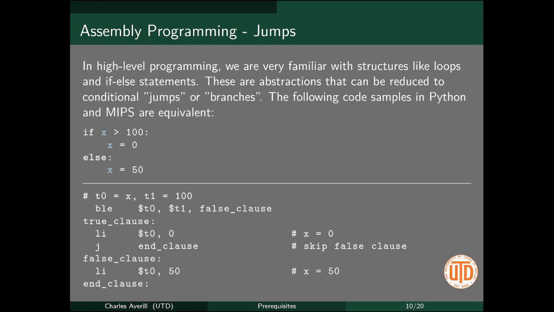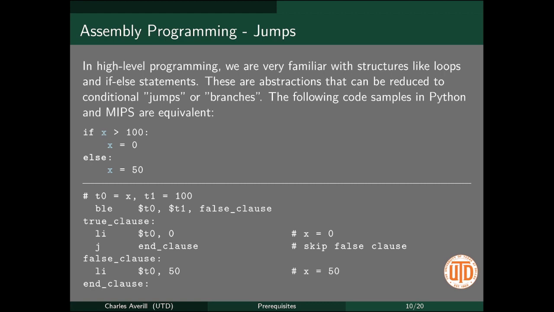We're going to actually check if x is less than or equal to 100, which is going to produce the opposite result of x is greater than 100. And if that is true, then we're going to branch to the false clause, which is our else statement up above.